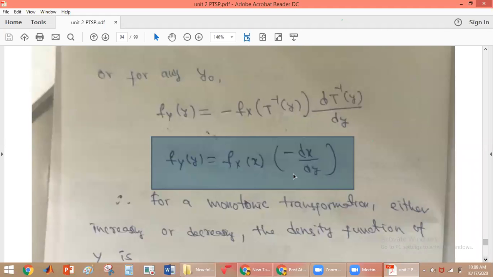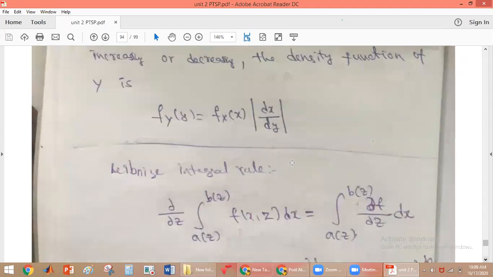Only the sign is different here. In the case of monotonically increasing it is plus, and for monotonically decreasing it is minus. In both cases, mod dx by dy is positive.